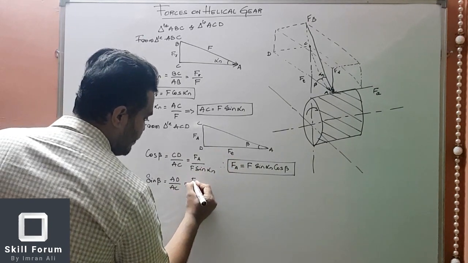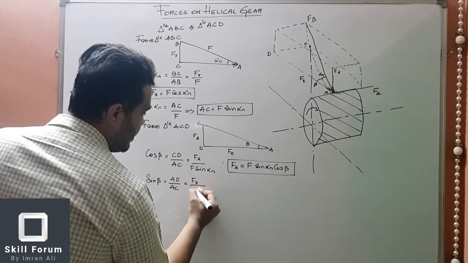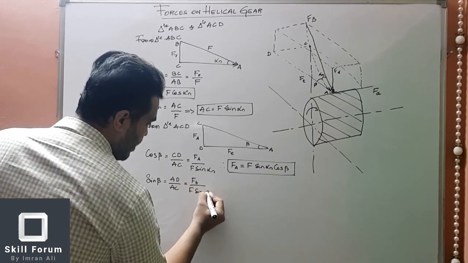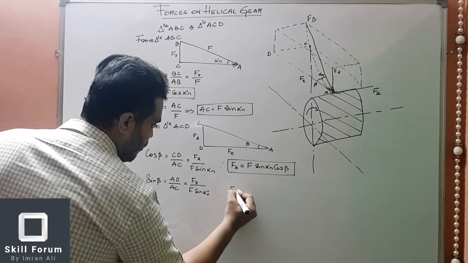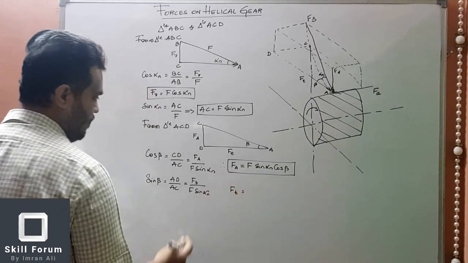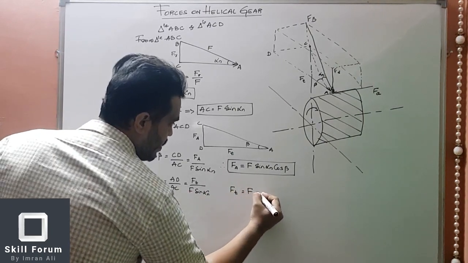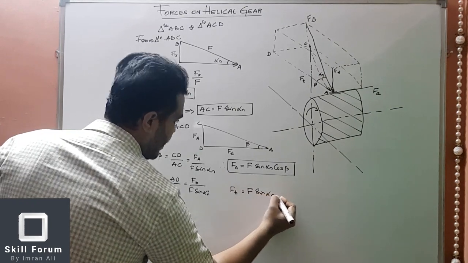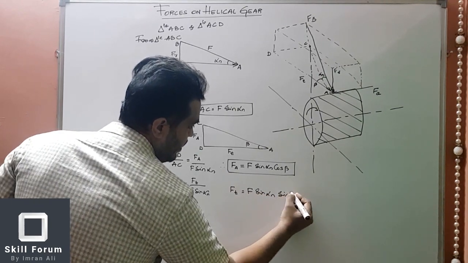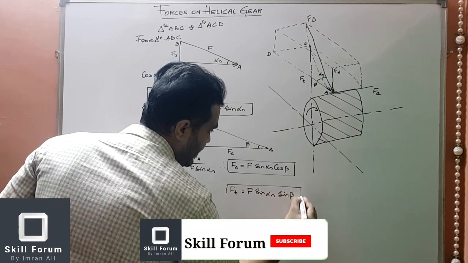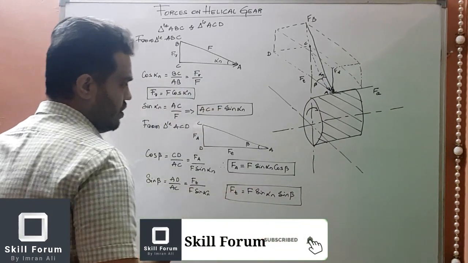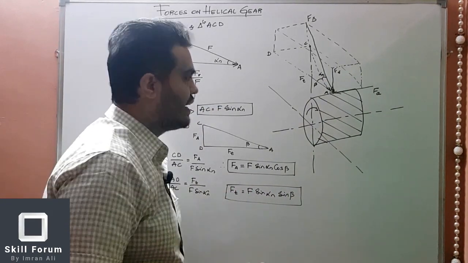That is FT. AC we have, right? That is F sin alpha n. So that we will get value FT is equal to F sin alpha n into sin beta. So these are the 3 equations of 3 forces on helical gear, right?